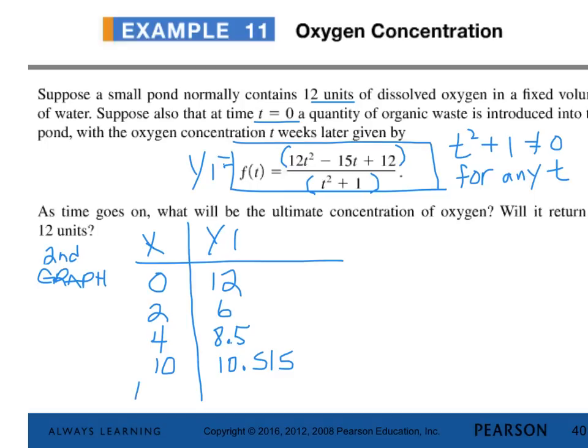But if we wait 100 weeks and substitute 100 in for t, what we find is that it's gotten up to 11.85. Still not 12, but closer. So we'll continue the table.